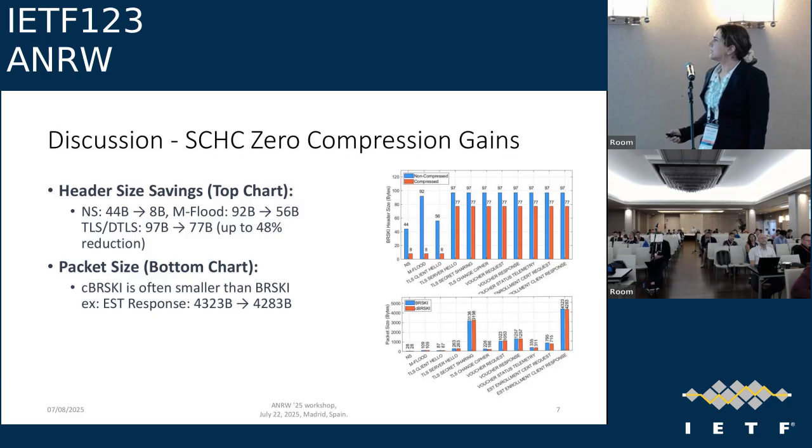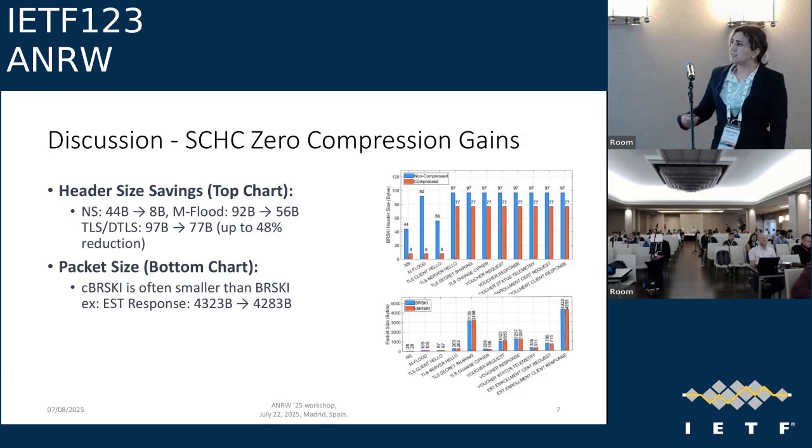In some cases Cibruski even shows a bigger size, because some headers were not yet defined by CHIC to be compressed. For example, CoAP was not yet compressed, and now we have the RFC to compress those messages.